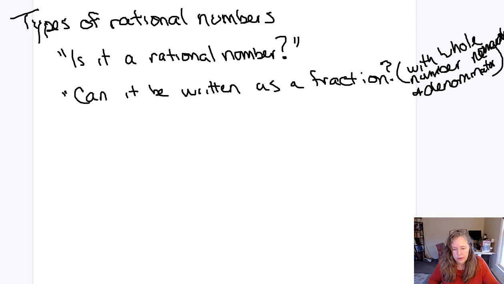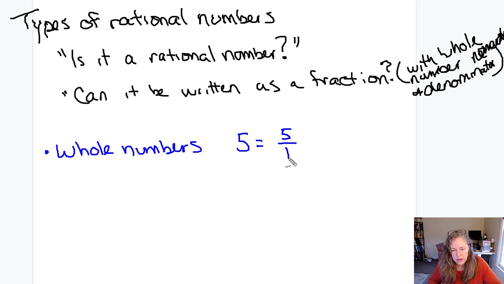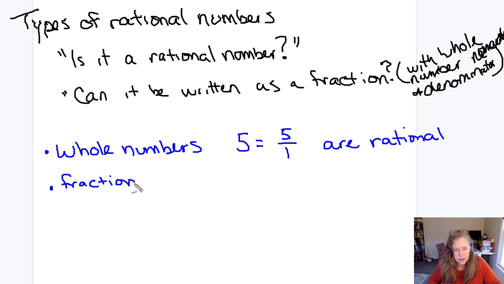So let's look at whole numbers. Like 5 can be written as a fraction, so whole numbers are rational. Fractions already are written as a fraction, so fractions are rational.